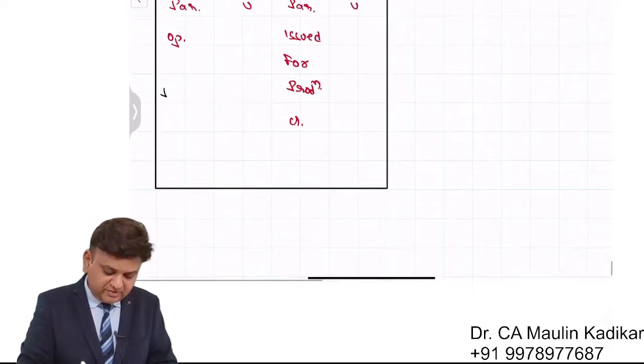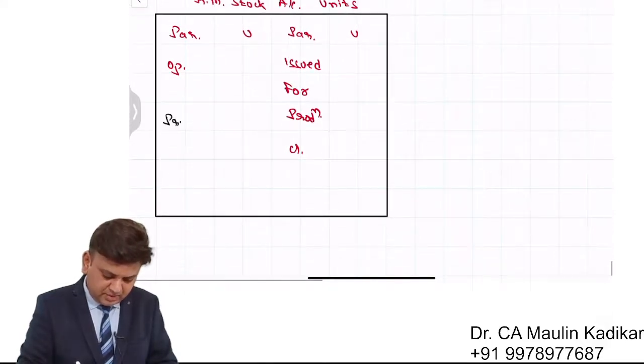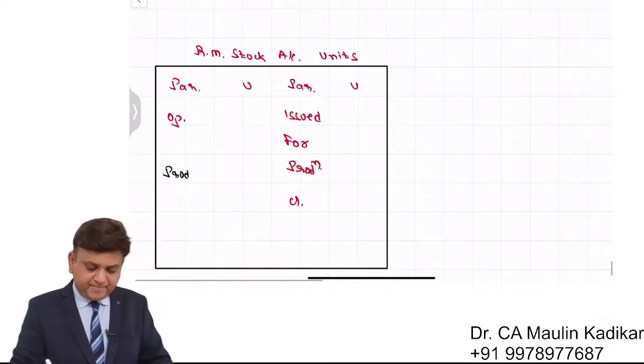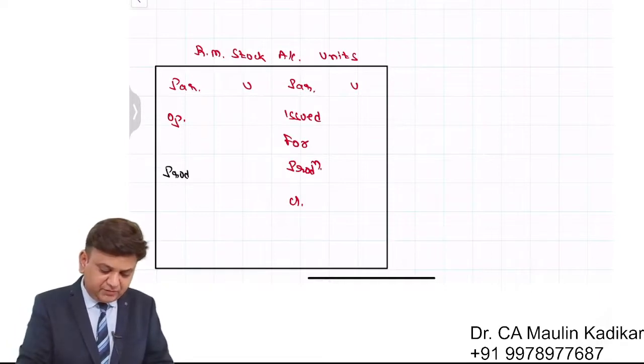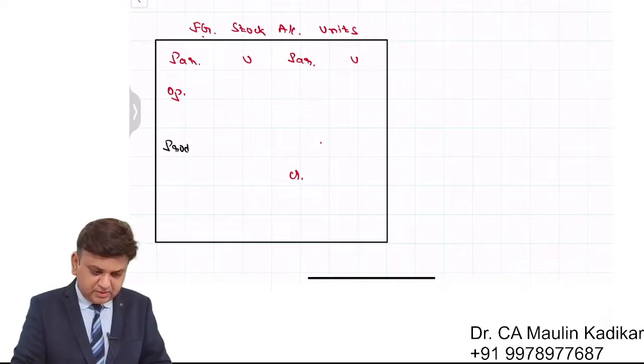On the debit side, we'll have the purchase. I'm sorry, I'm preparing the finished goods stock account in terms of units: opening on the debit side, sales on the credit side, and the closing.